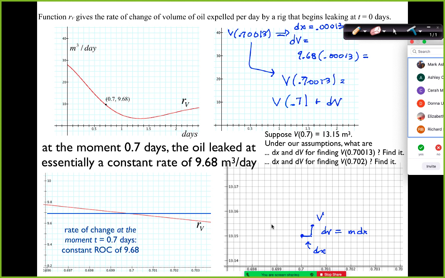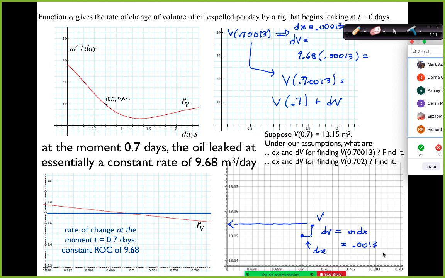So then it was 0.0013-ish for dv, right, because it's basically almost 10, right? So it should still be 0.00, maybe 1.2 or 1.3. 1.3.